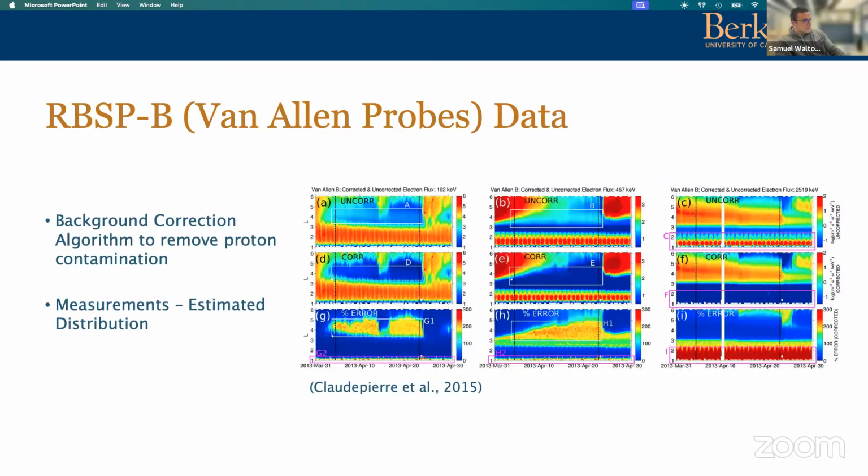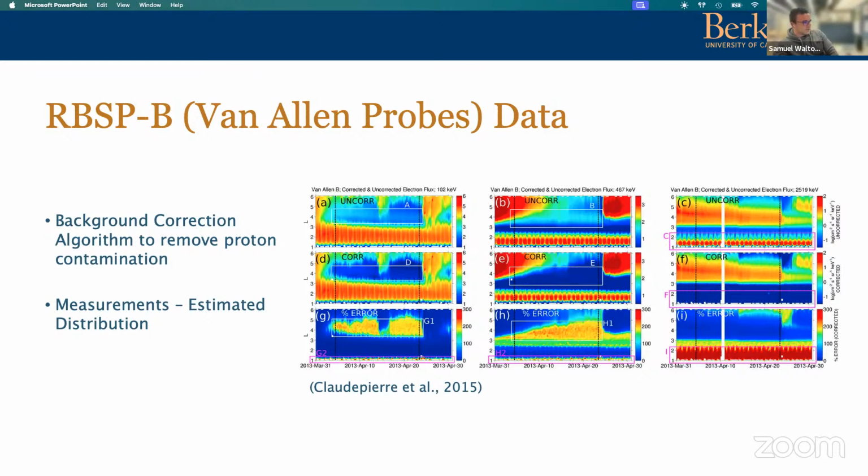The data that we've been using is Van Allen Probes data, specifically from RBSP-B, because its perigee goes a bit lower than RBSP-A, and there were some inconsistencies with the energy ranges, so I decided to stick with RBSP-B.